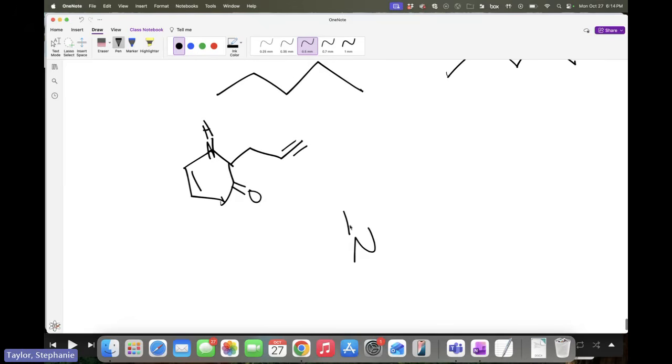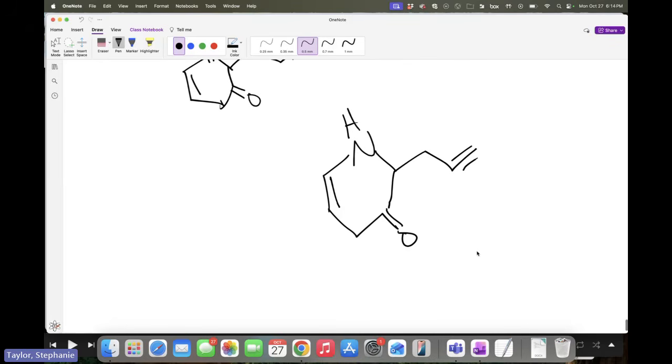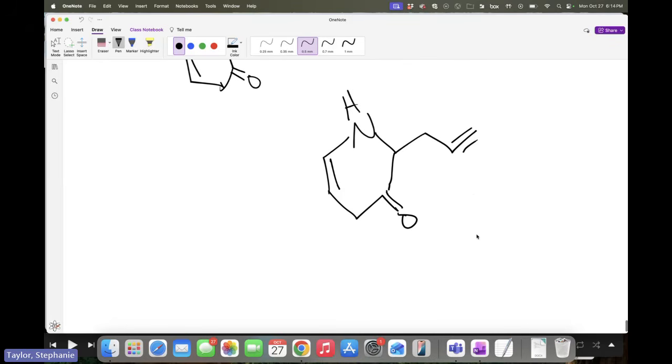So it's a nitrogen to a hydrogen, and I'm going to put a double bond here, and an oxygen over there. By the way, you get really good at drawing hexagons in organic chemistry, so that's later. Yeah, it looks good. Okay.